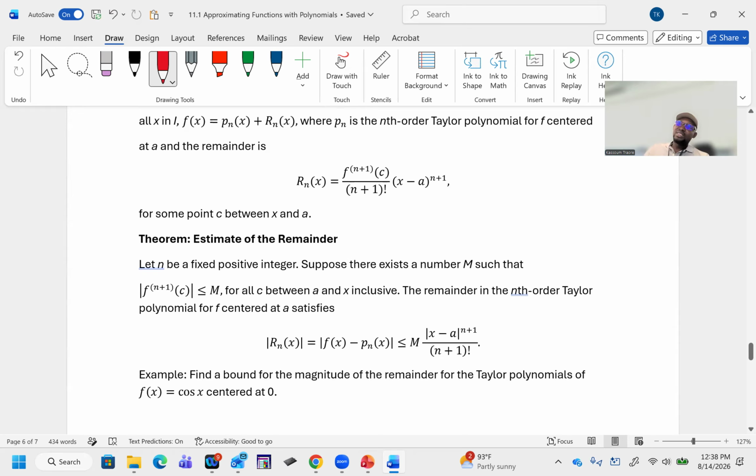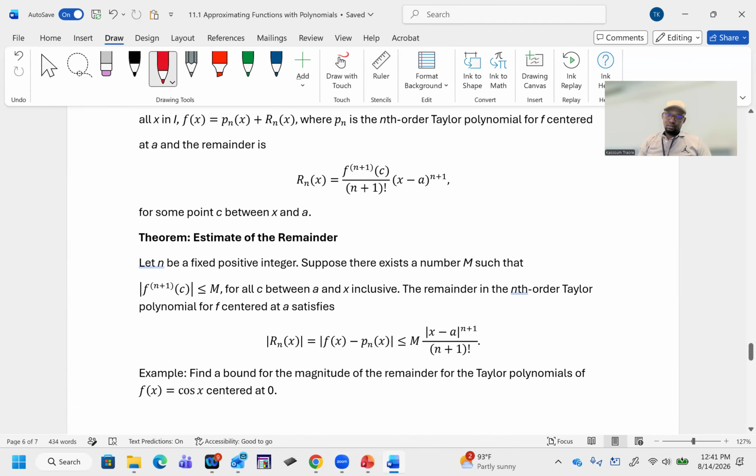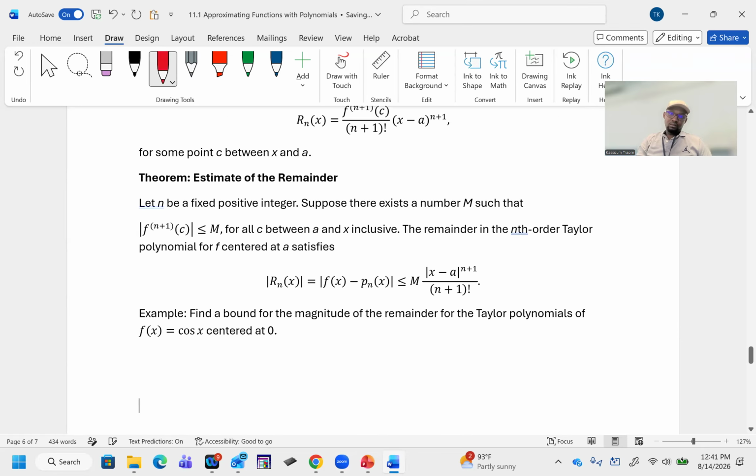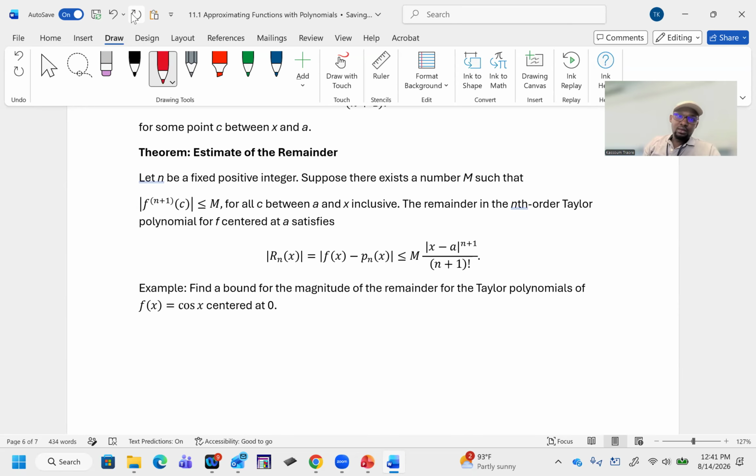We'll do this example. Find a bound for the magnitude of the remainder for the Taylor polynomial of f of x is equal to cosine of x centered at 0. Okay, so let's do this.